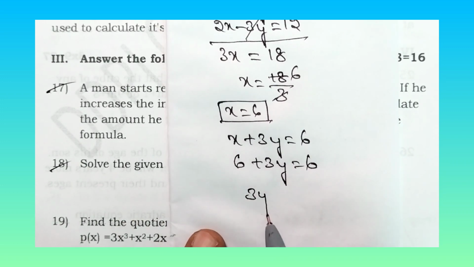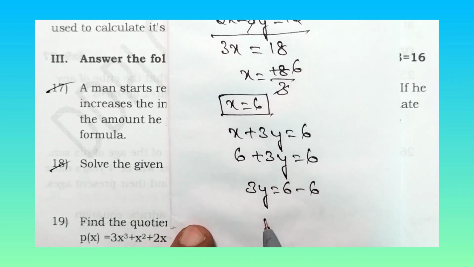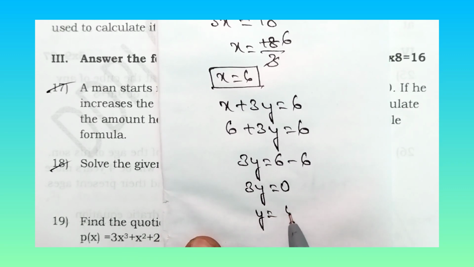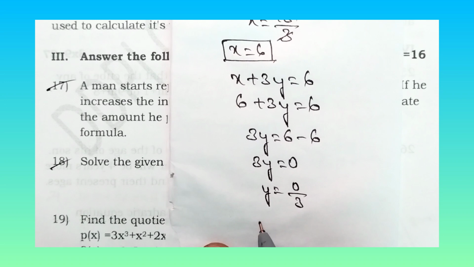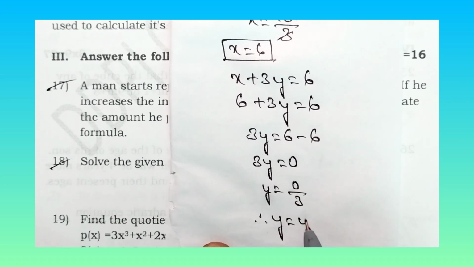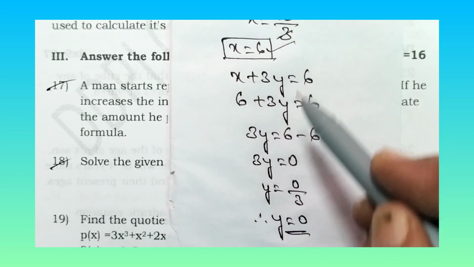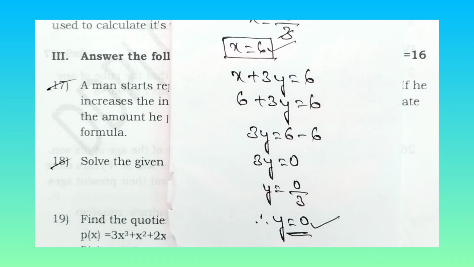So 3y is equal to 6 minus 6. So 3y is equal to 0. y is equal to 0 by 3. Therefore y is equal to 0. So like this we have to find the value of x as well as the value of y. This is the solution for the 18th question.